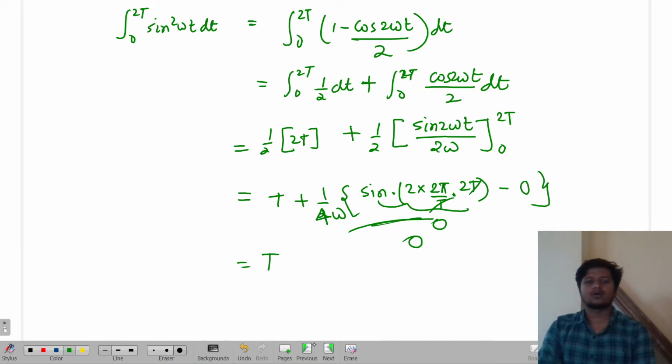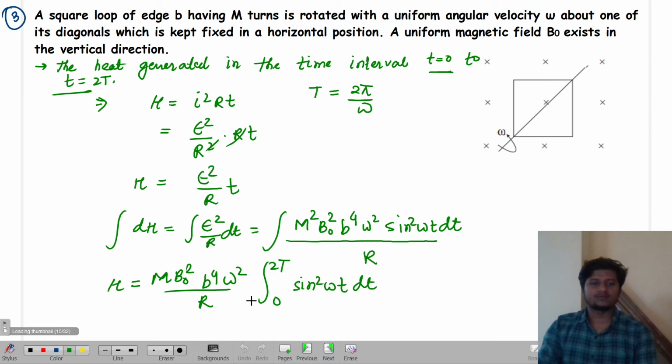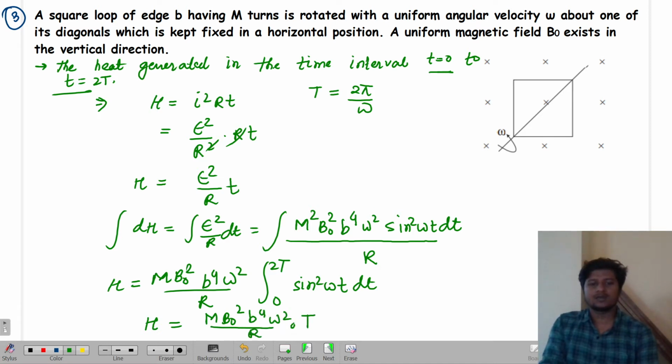So can I replace over here that heat generated is N square B naught square B square omega square divided by R into what? Type T. Right or not? So time period is what? 2 pi by omega.